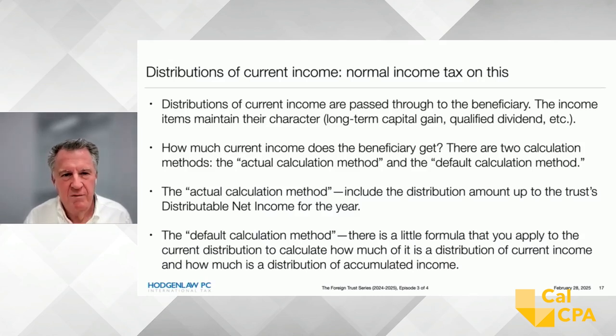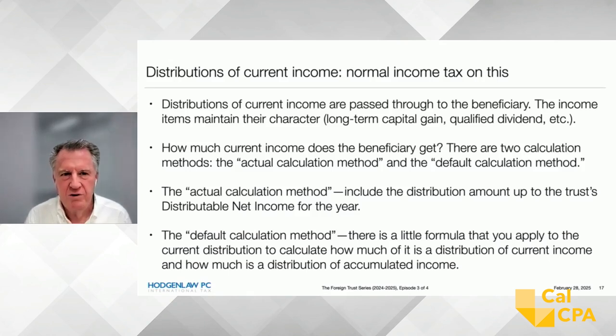Any distribution amount above distributable net income is going to come out of either accumulated income from prior years or from capital, corpus, principal. And there are two methods that we use to calculate how much of a distribution is from current income, from DNI, and how much is coming from accumulated income.